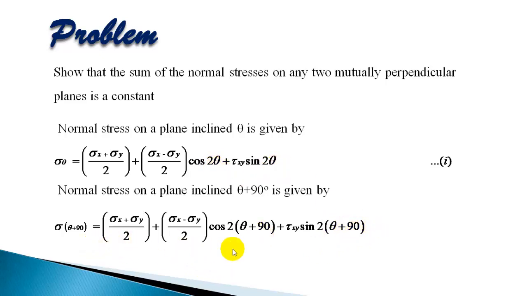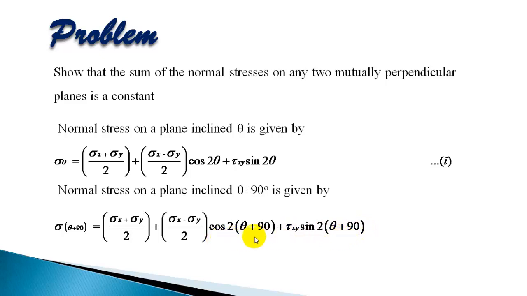This will reduce. Cos of 2 theta plus 180, or cos of 180 plus 2 theta, is minus cos 2 theta. And here you get sin of 2 theta plus 180, or sin of 180 plus 2 theta, which is also minus sin 2 theta.